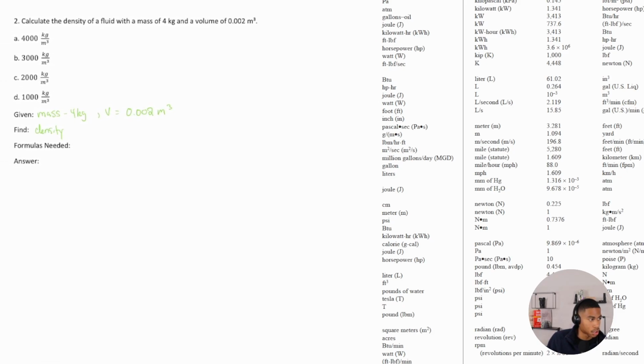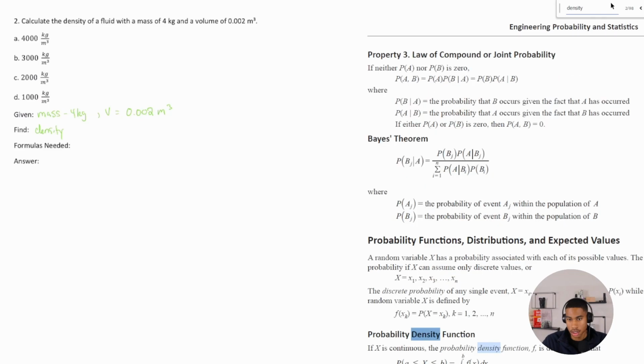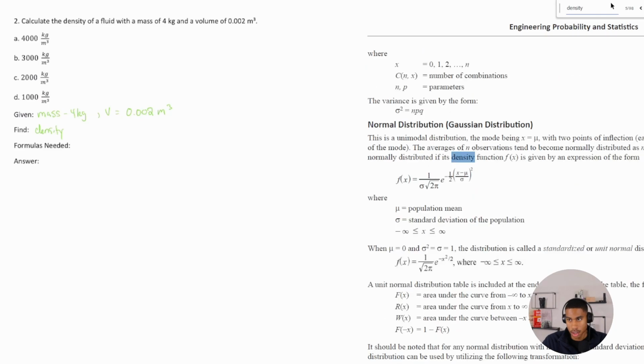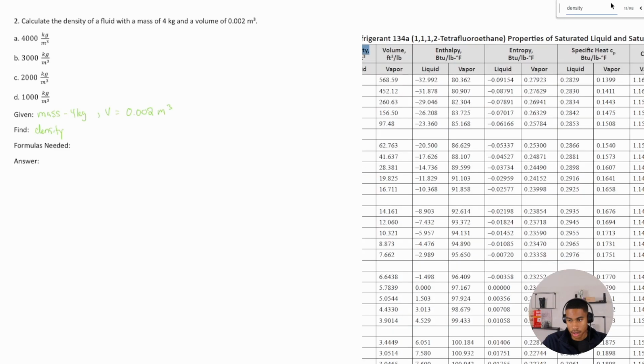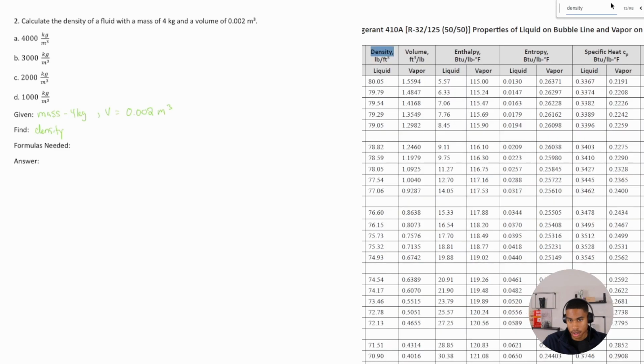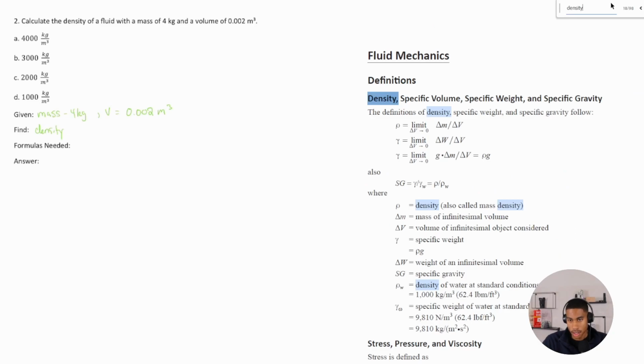Okay. So if we're trying to find density, what formulas do we need? I'm going to do control find and search for density. And 100 different things come up. So this is something that you should know, but again, you want to be in the correct section, right?